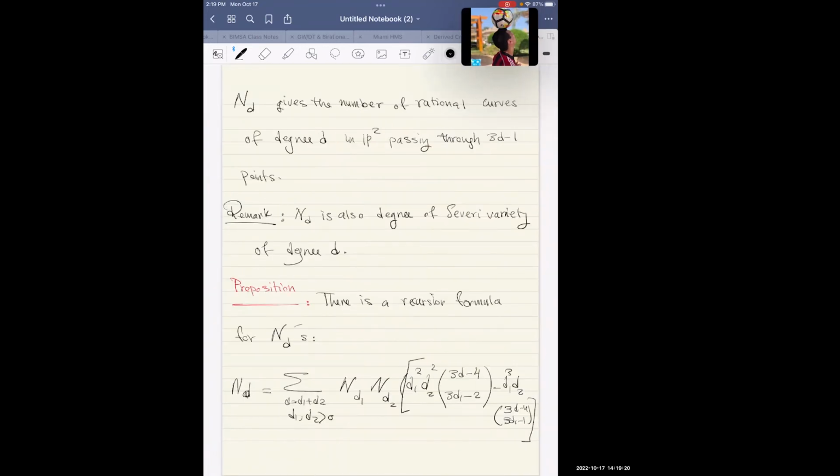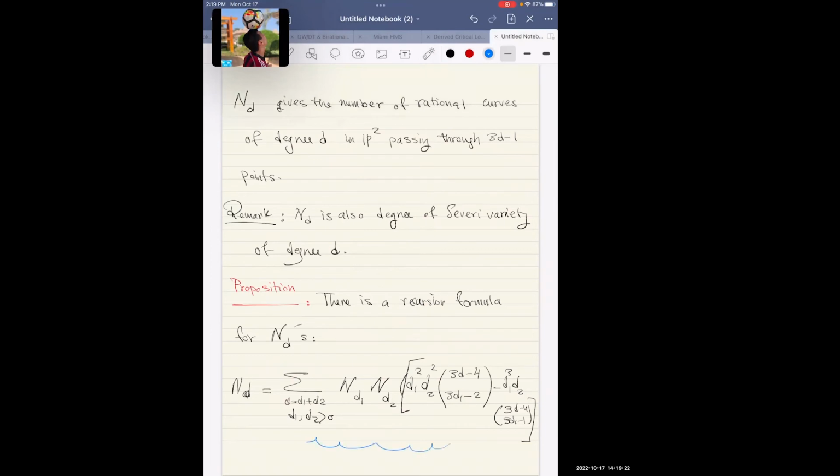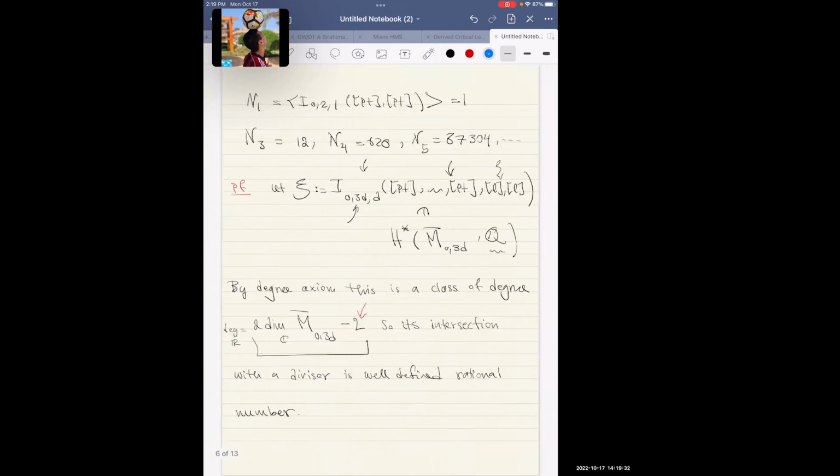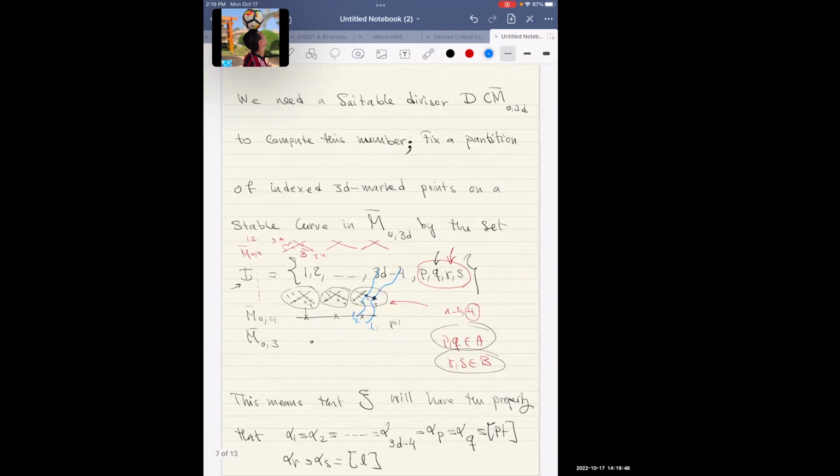We are trying to show that there is a recursive formula between the number of rational curves that you get this way inside P2. It's a Gromov-Witten invariant calculation. We then realized that we can use the Gromov-Witten class, pull it back into the splitting of curves, and all of those are divisor classes. Because it's a divisor class, I can intersect it with these other divisors that we have. And okay, that's no problem.